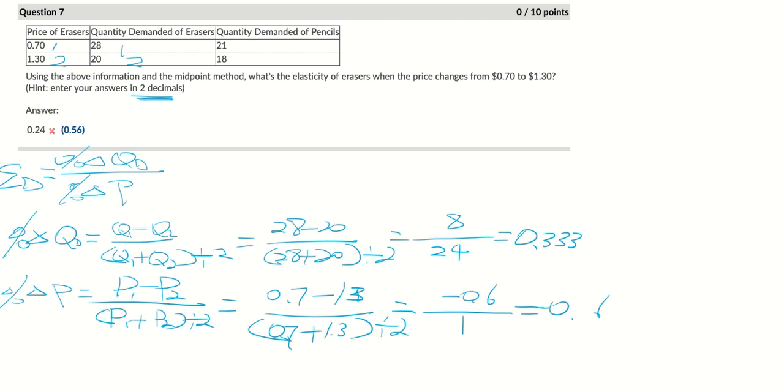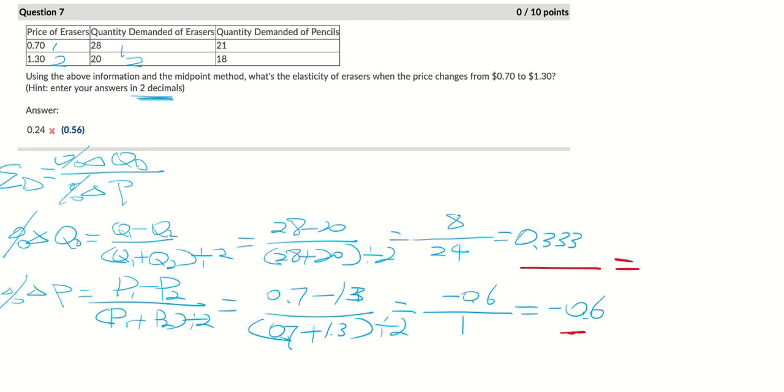Okay, so that will be a negative 0.6. All right, and then the final step, we're going to take our 0.333 and divide it by negative 0.6.